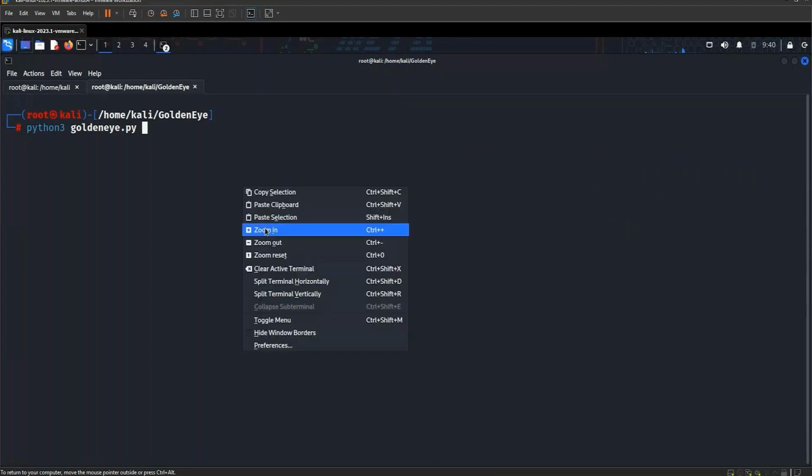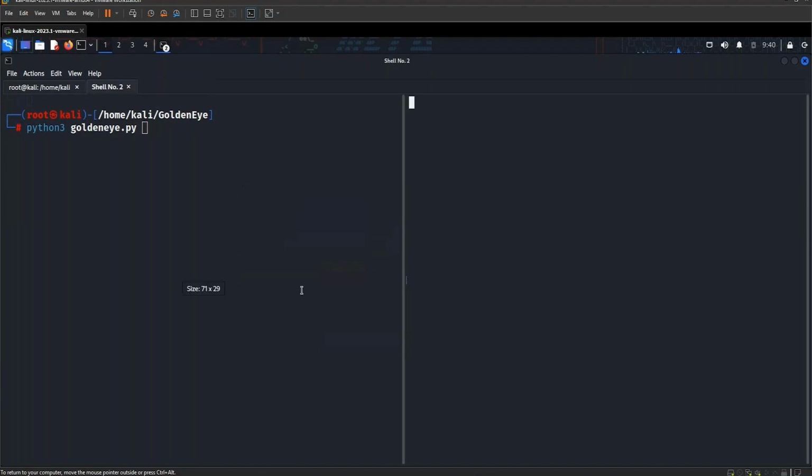Now, what if I do one thing? This is my Kali Linux operating system, and I'm making this Kali Linux operating system a server.